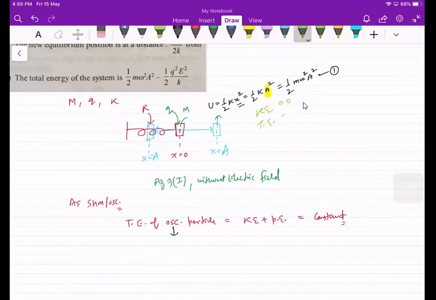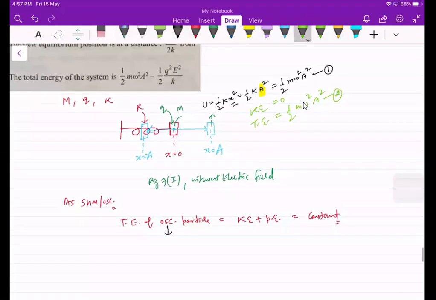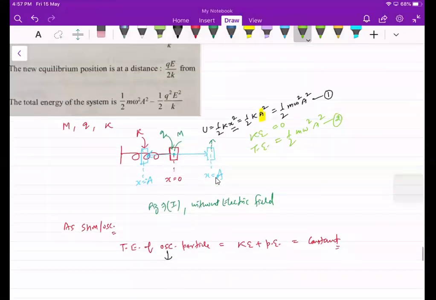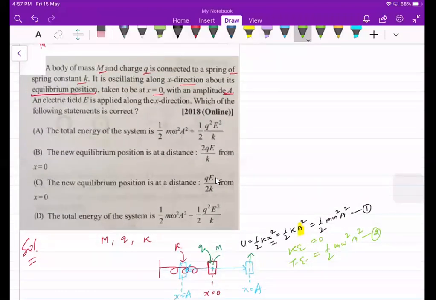So the total energy turns out to be half m omega square a square, right?